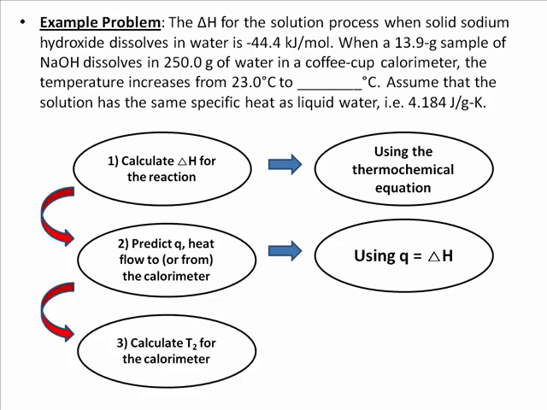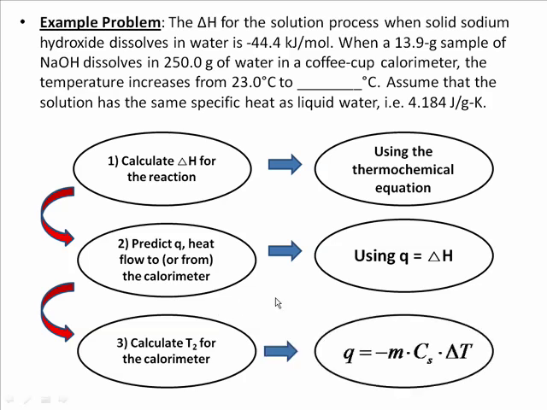And then the third step is to calculate T2, the final temperature for the calorimeter. For that, we'll use this equation that relates the heat flow into or out of the calorimeter to the mass of the calorimeter, the heat capacity of the calorimeter, and the change in temperature of the calorimeter.